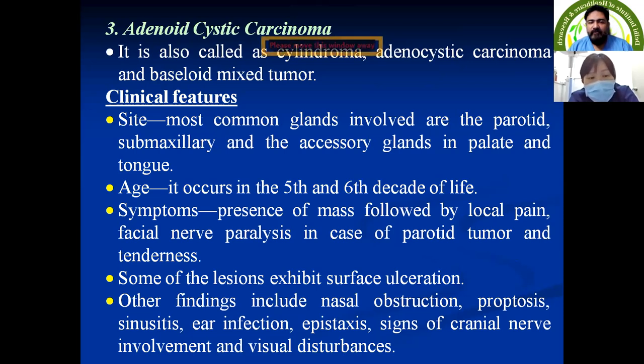It occurs in the 5th and 6th decades of life. Symptoms: presence of a mass followed by local pain, facial paralysis in case of parotid tumor, and tenderness. Some lesions exhibit facial ulceration, and other findings include nasal obstruction, proptosis of the eye, sinusitis, ear infection, epistaxis, signs of cranial nerve involvement, and visual disturbances.